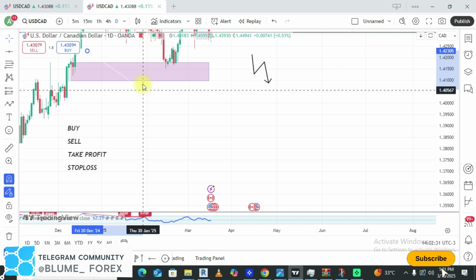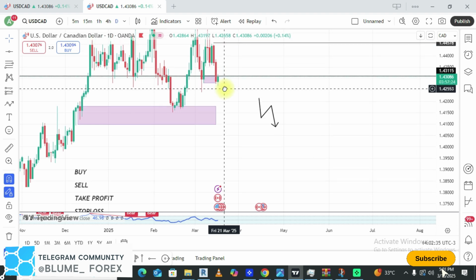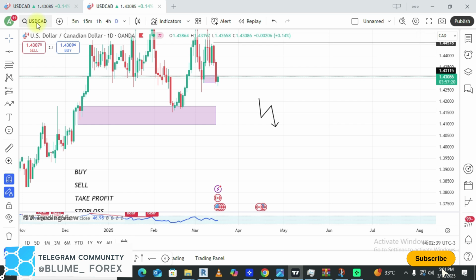So in this case, per my analysis, if I think USD CAD is going to buy, that means I'm anticipating that the US dollar is going to gain strength against the Canadian dollar. If I think the US dollar is going to sell and I click on sell, that means I think the US dollar is going to lose strength against the Canadian dollar.